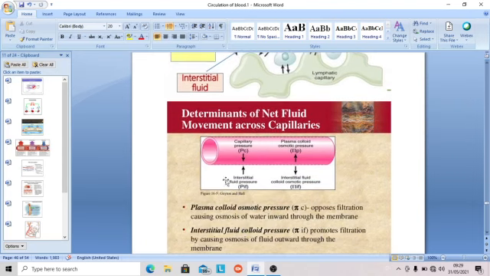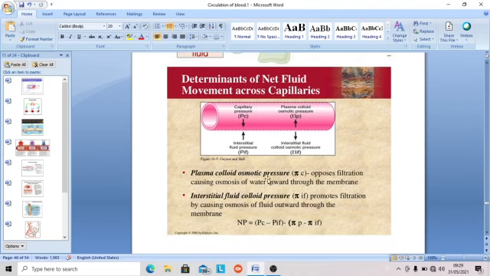This is the same determinant of net movement we have seen. This is the plasma colloidal osmotic pressure and the colloidal osmotic pressure of the interstitial fluid. They will oppose each other in the same way.